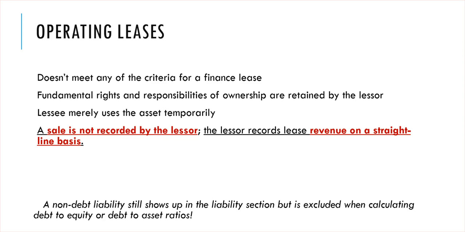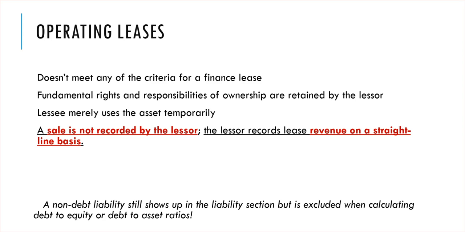So even though when we look at our criteria, we say it does not meet the criteria for a finance lease, we are still going to say that there is a liability that the lessee must record.